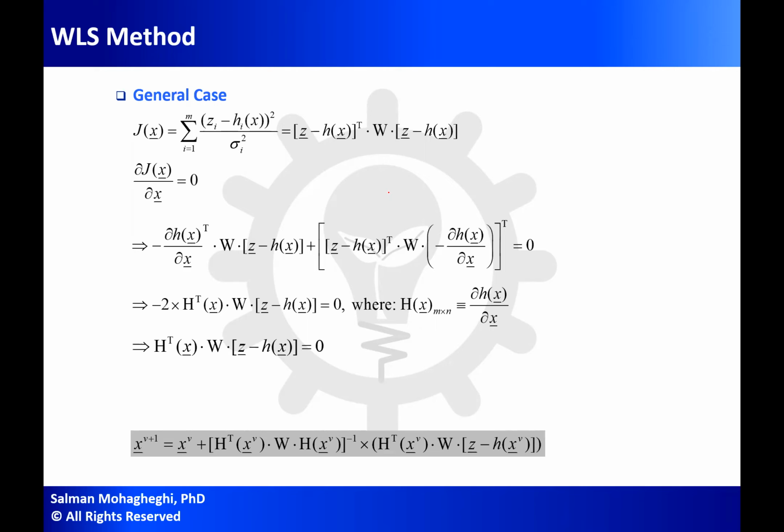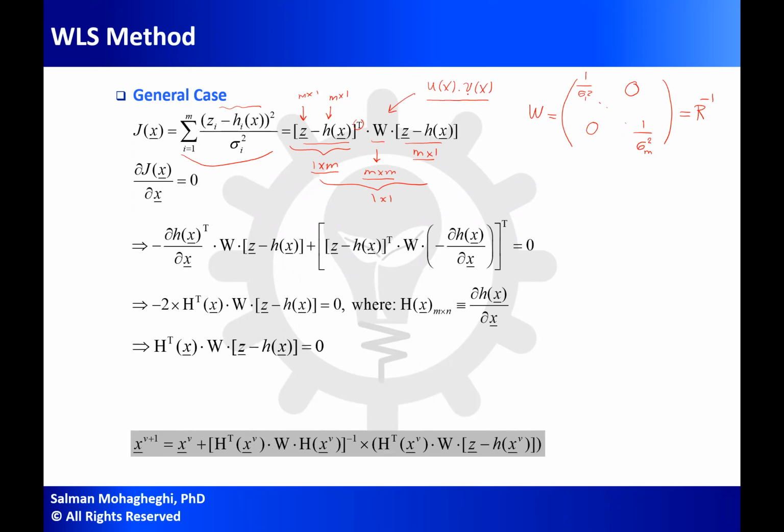In order to find the value of x's that will minimize this, I will find the derivative of J with respect to x and set it to 0. Now, think of this equation as a function u of x times a function v of x. The derivative of this with respect to x would be u prime v plus u v prime.